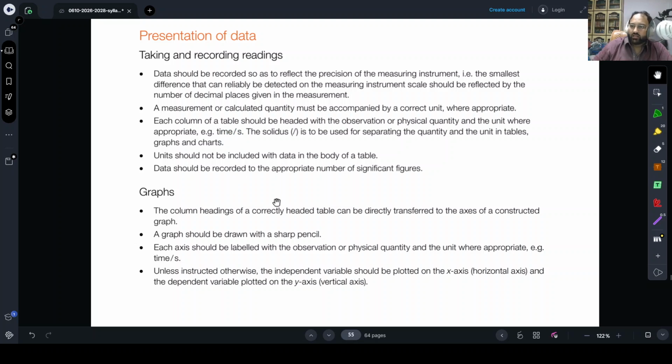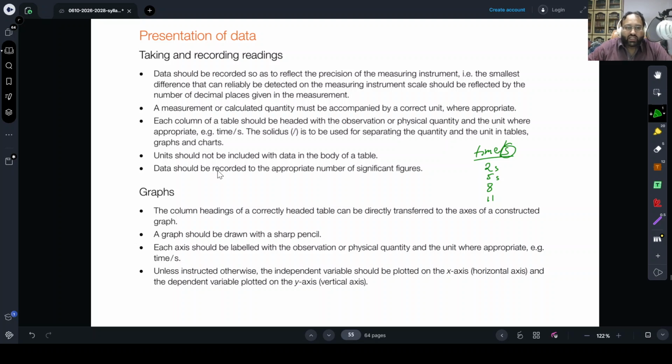If this is the column heading, then you just write the numbers: 2, 5, 8, 11. You don't need to write 2s, 5s, because you already put the unit in the heading. It is understood that if it's 2, that means it's 2 seconds.